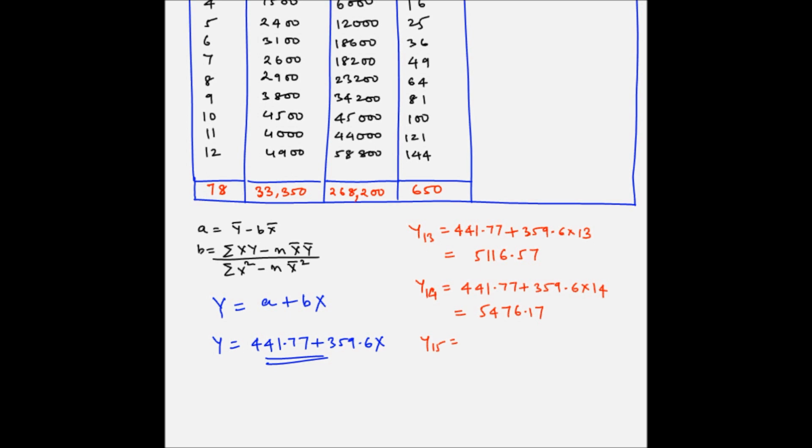Y for 15 is equal to 441.77 plus 359.6 multiplied by 15, and this is equal to 5835.77, and y for 16 is equal to 441.77 plus 359.6 multiplied by 16, and this is equal to 6195.37. So these are the sales figures for the 13th, 14th, 15th and 16th quarter.